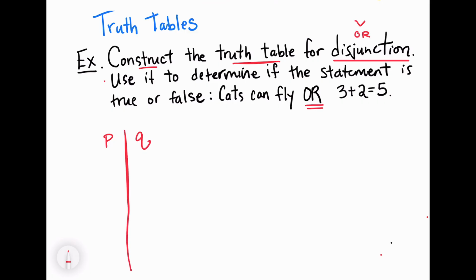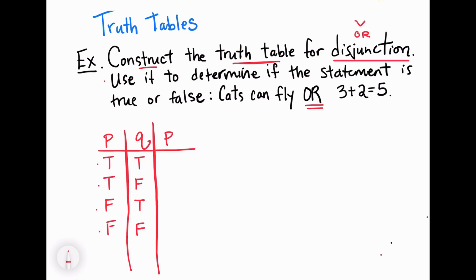I'm only going to need P and Q here. So I'm going to start with those two columns that we always use in a statement that only involves two simple statements. Again, these are the four possibilities, and then I'm going to put the disjunction here. Now, in order for a disjunction to be true, one or both of the simple statements has to be true.